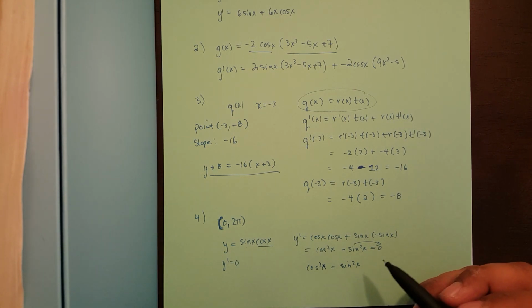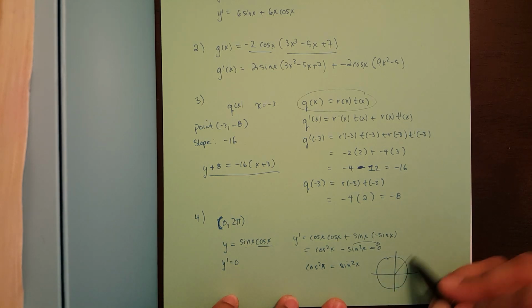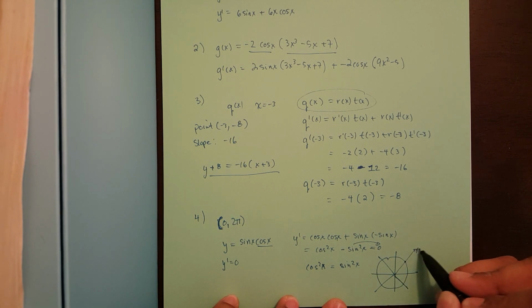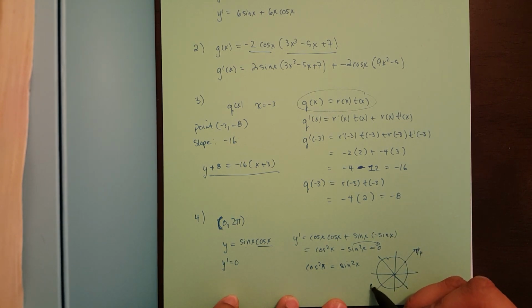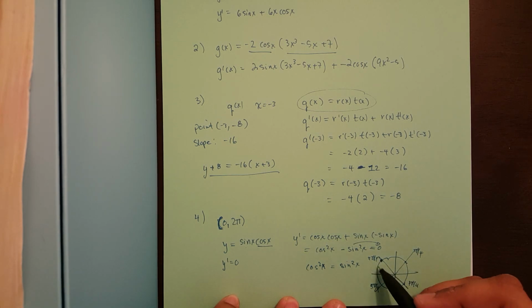Now, if you remember the unit circle, in the unit circle, we know that sine and cosine are equal to each other at pi over 4 and at 5 pi over 4 because they both have the same sign. But because it's being squared, they're also going to be equal to at 3 pi over 4 and 7 pi over 4 because although they have different signs, they have the same number.